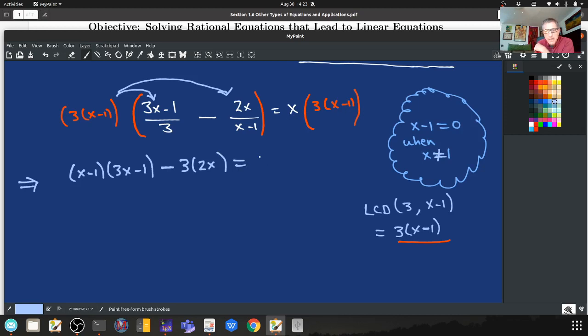So I'm going to write that as 3 times x minus 1. All I did was change the order of the products. So now I'm going to go ahead and simplify some more. Our only choice here is to expand. So I'm going to expand this using FOIL.